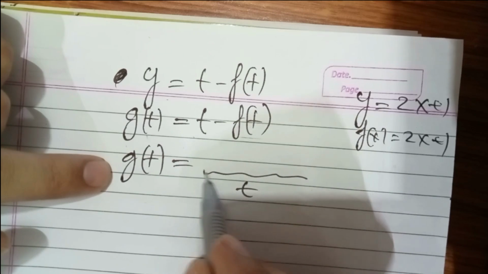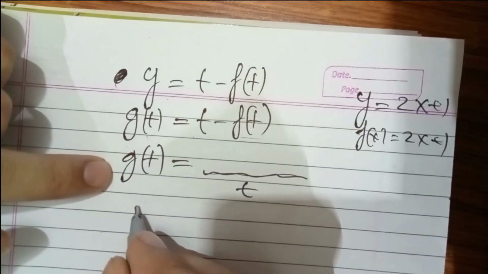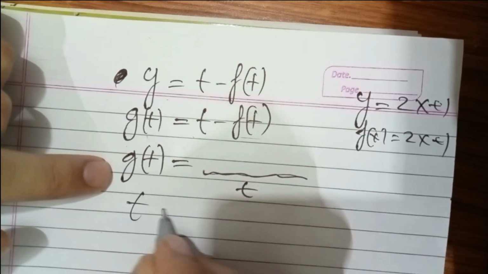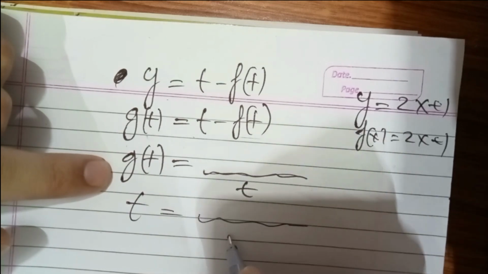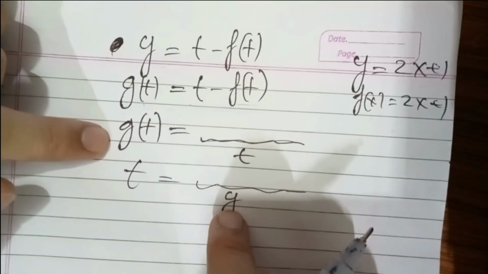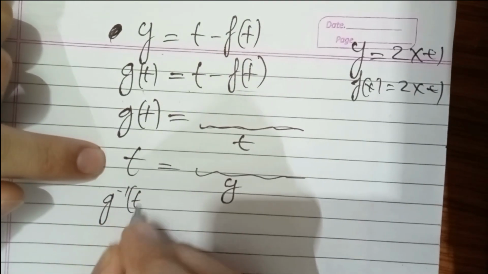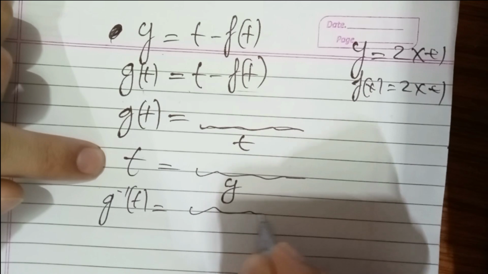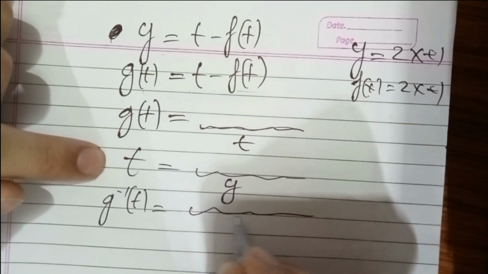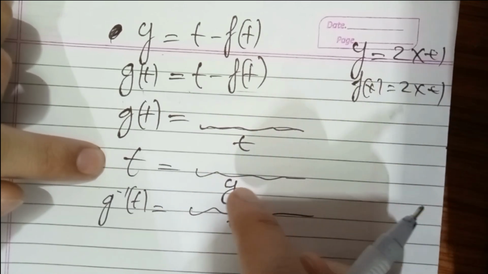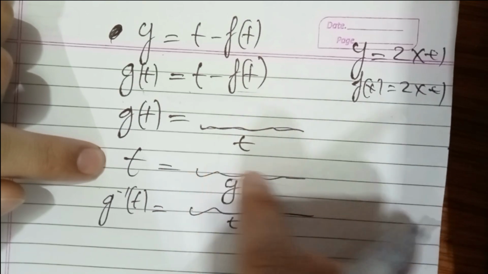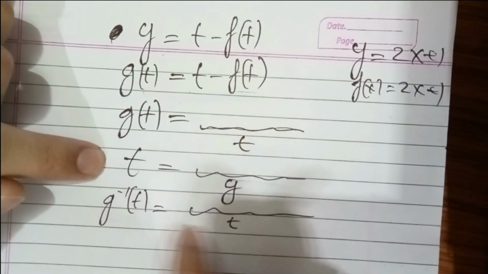Since this is a monotone function in terms of t, I can do this. So I will have t equals to some function in terms of y, and this would be the inverse of g. Now I can rewrite this in terms of t. Whatever here was in y, replace this with t.